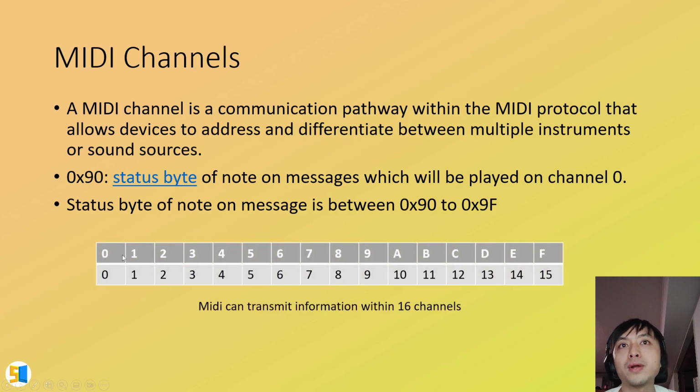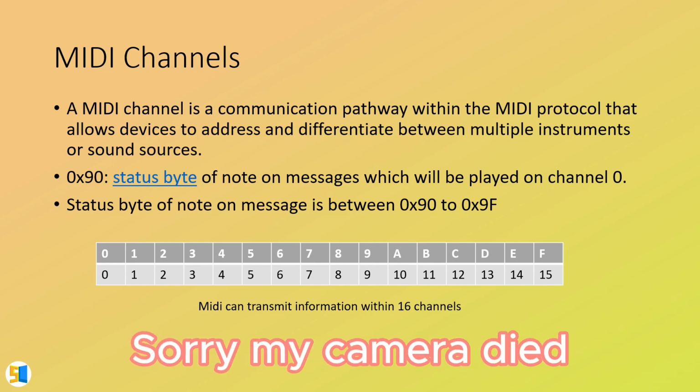If we write it down from 0 to F, it will have 16 channels, starting from channel 0 until channel 15. So MIDI can transmit information within a maximum of 16 channels.